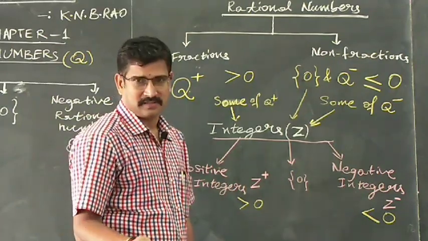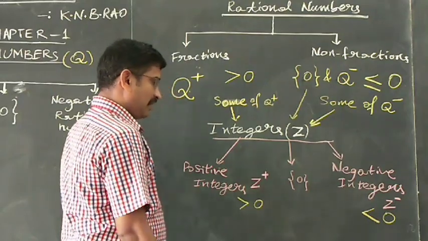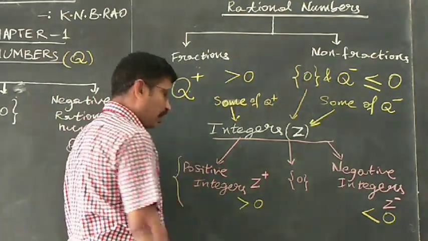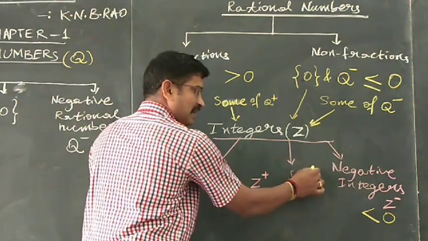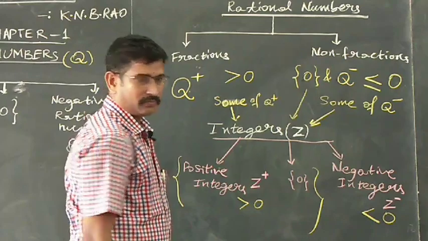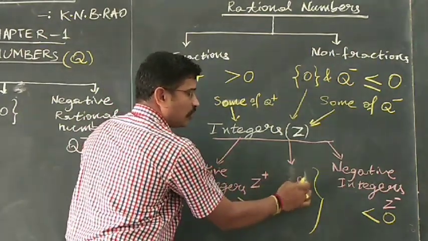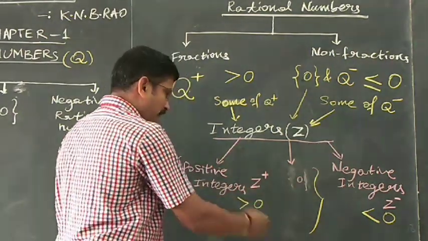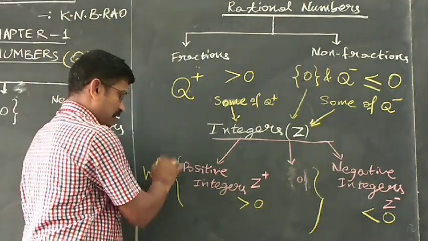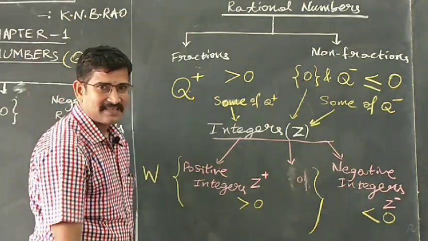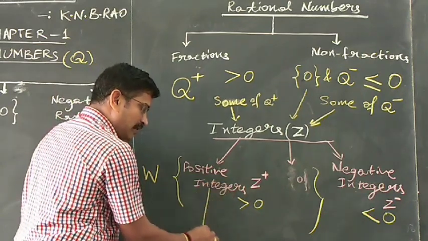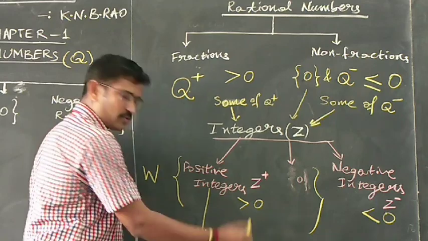Put together, all positive integers and the set containing 0 alone, we call them whole numbers, and the positive integers alone can be called natural numbers.